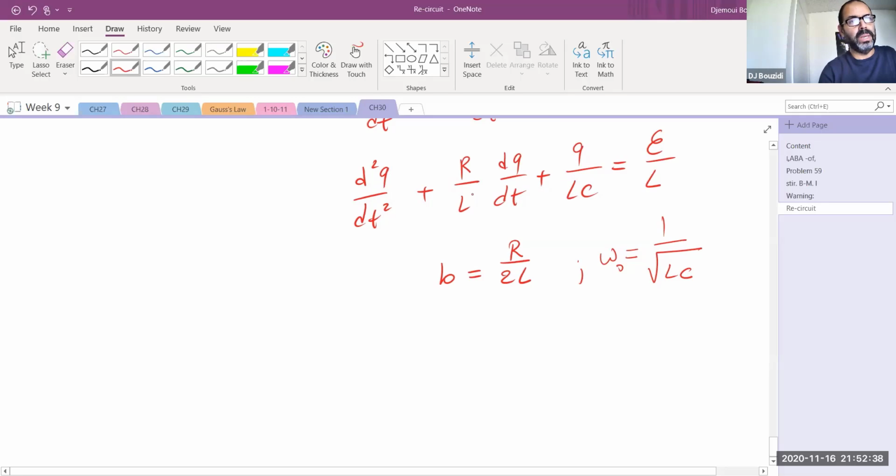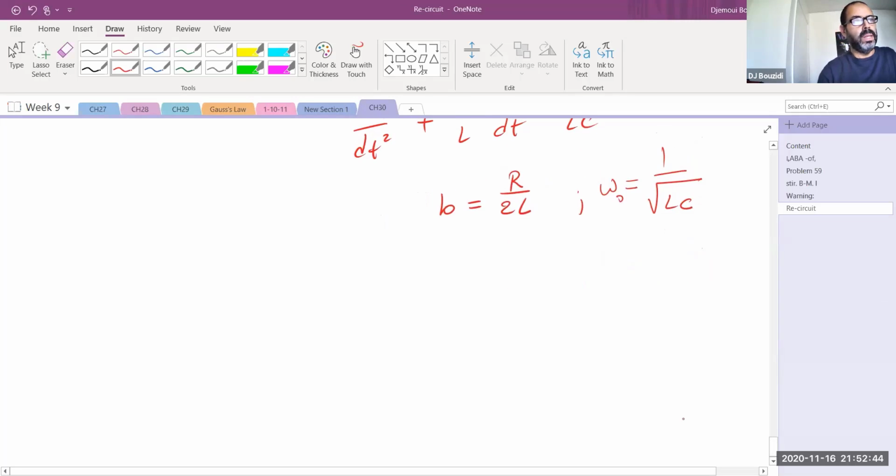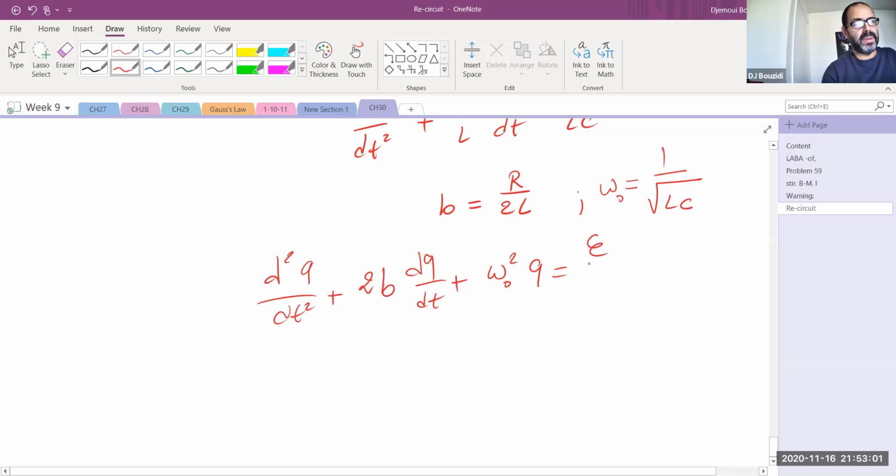And this will be 2B, and this will stay as the EMF over L. So this will be the second derivative of Q with respect to time, plus 2B dQ with respect to time, plus omega naught squared Q is equal to the EMF over L.